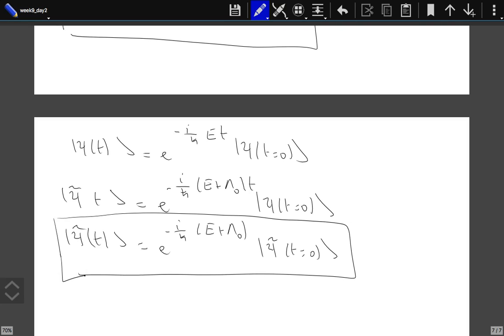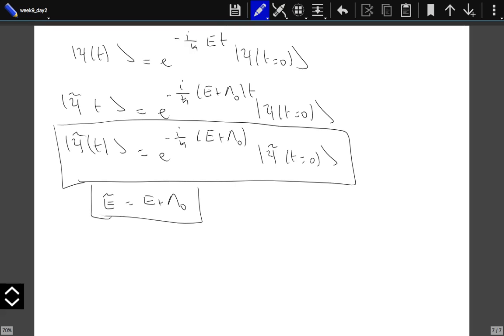Well, this is basically something we expect, because if you shift the potential, the energy of the state is also shifted. The energy is the kinetic energy plus the potential energy. So we see that E tilde is actually E plus lambda 0. Not a great surprise here.